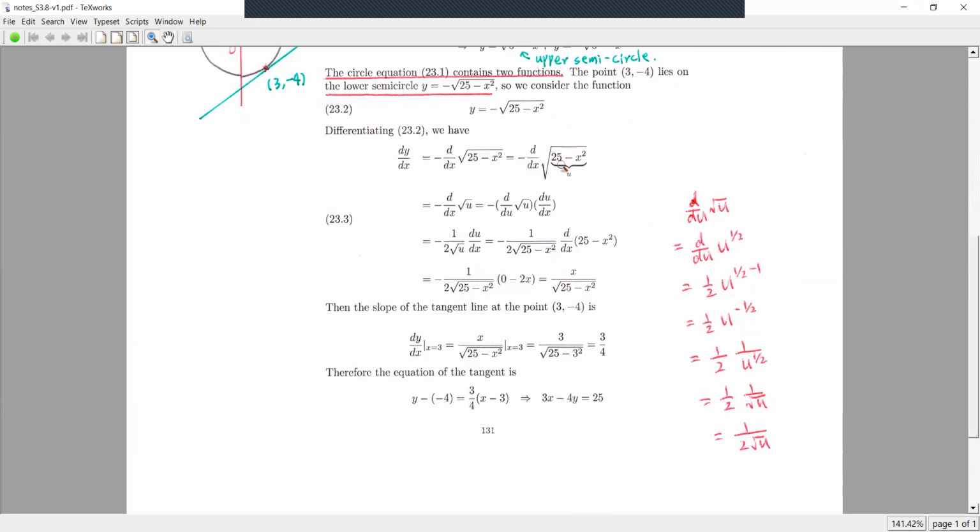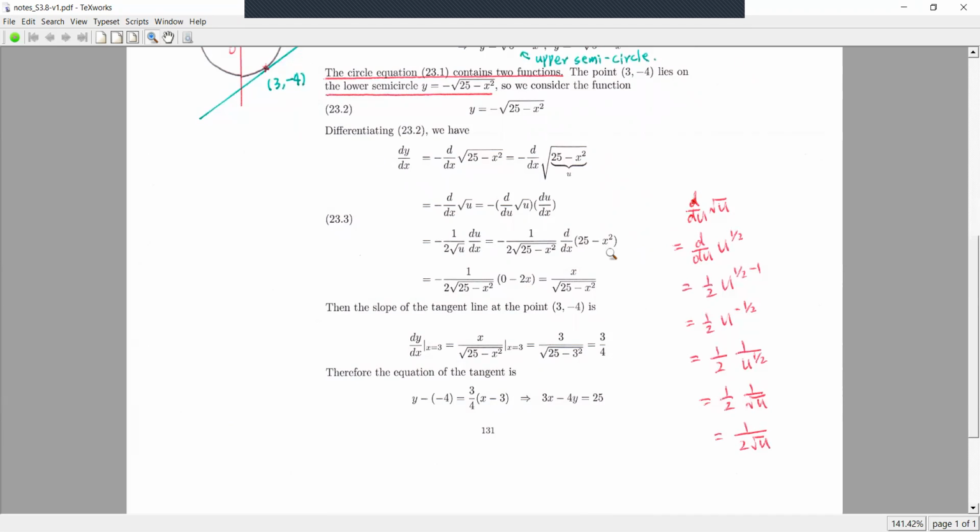Plug in 25 minus x squared for u, then we have this equation. For this derivative, the function is a difference. So we can use the difference formula to compute this derivative. Derivative of constant 25 is 0.